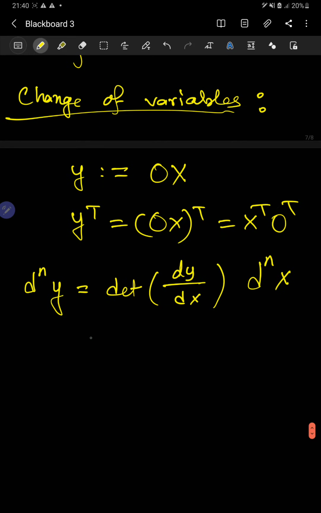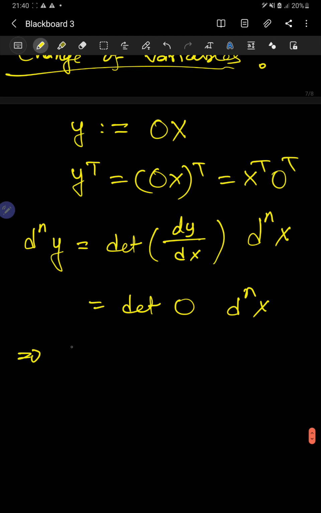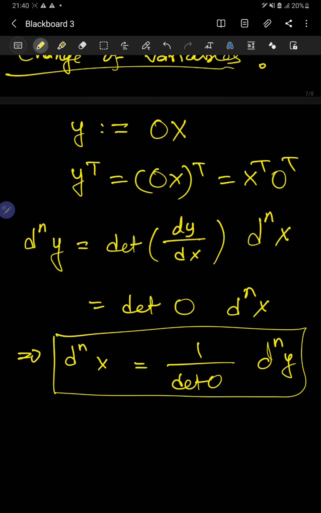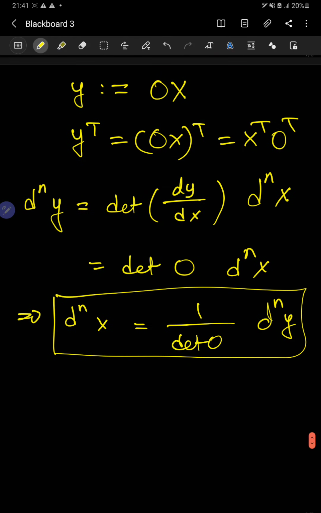If you take the derivative, it's just determinant of O, d^n y, and in terms of x we can write it like this, 1 over determinant of O, d^n y. So now we know how to change the variables to y and do our integration.